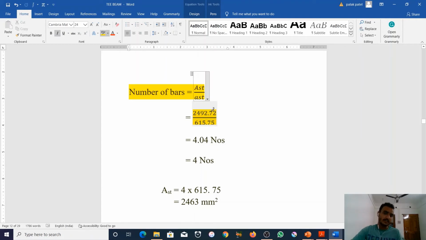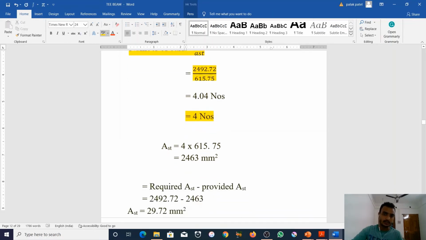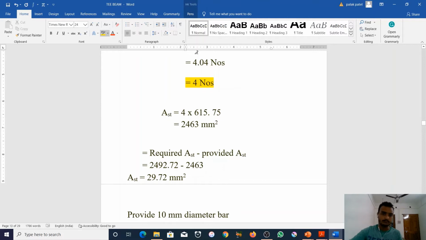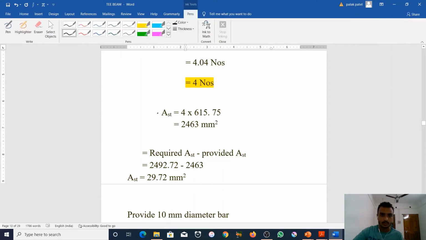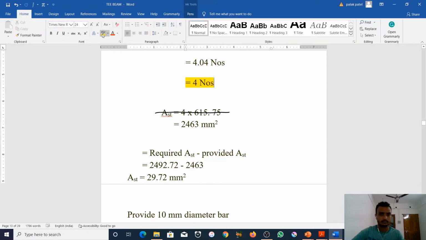Then we can find the number of bars: capital Ast divided by small Ast. By this calculation, I get four numbers of bars.